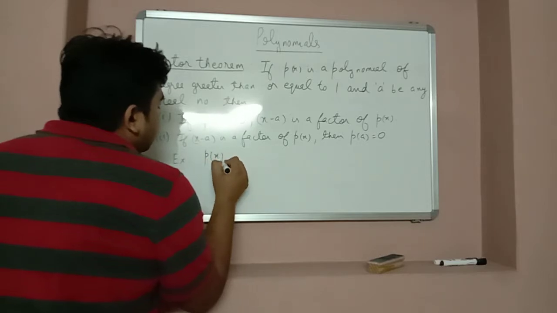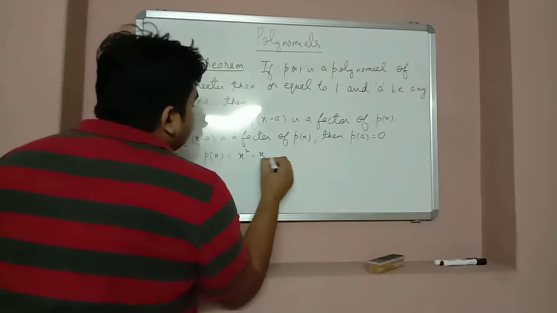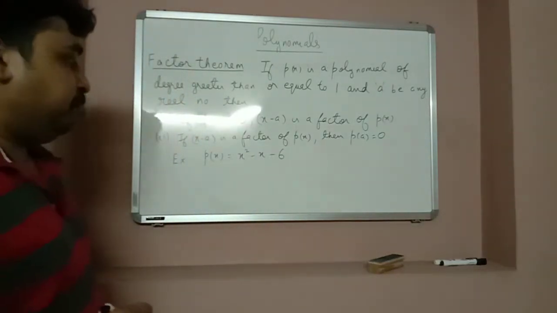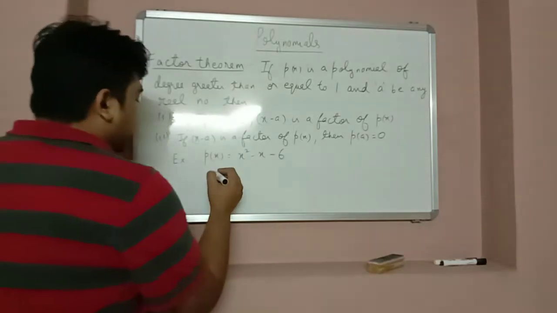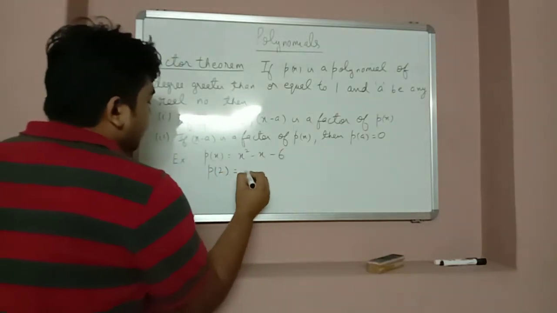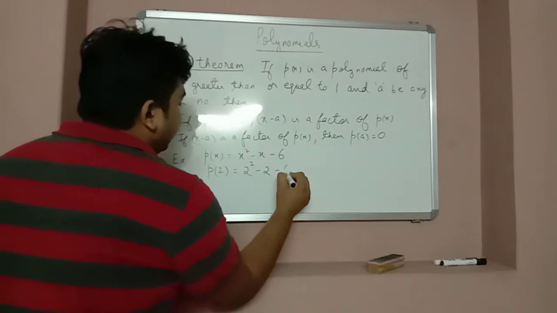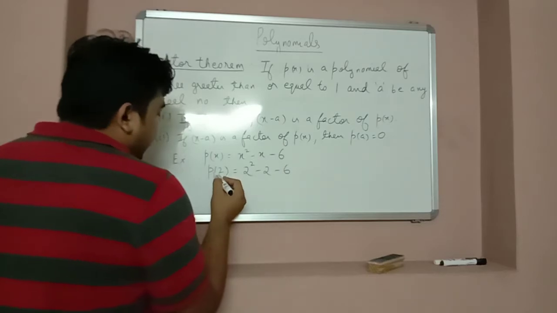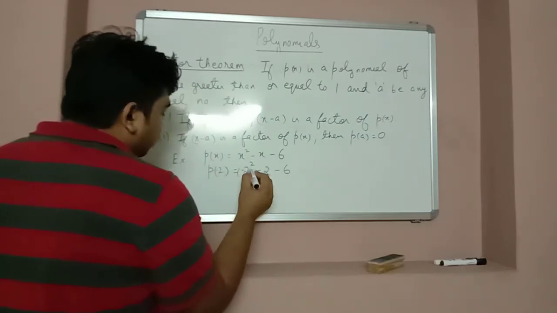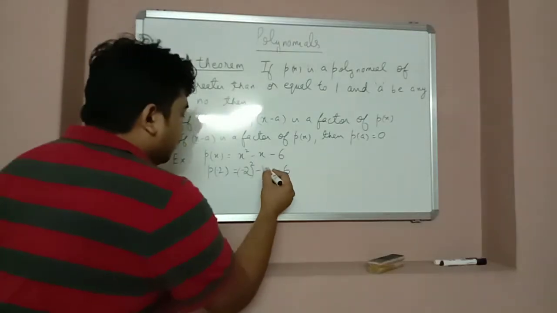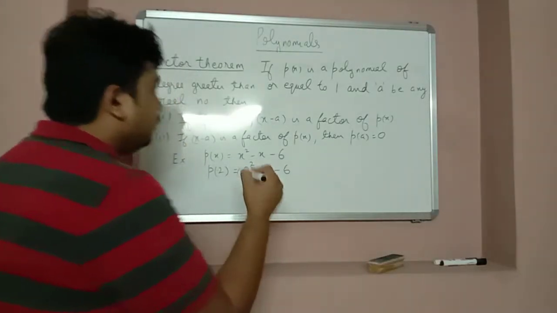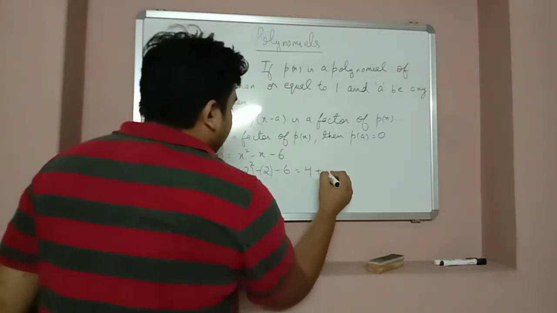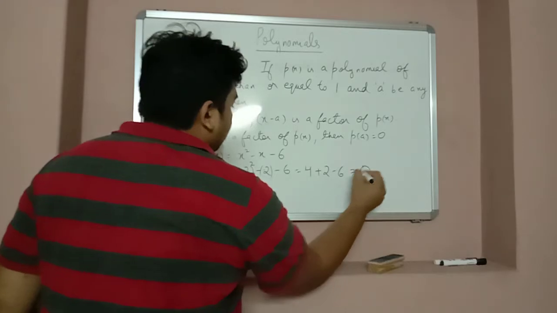Suppose p of x is equal to x square minus x minus 6. Now here if I put p of 2, p of 2 is 2 square minus 2 minus 6. Sorry, let us take p of minus 2. Now p of minus 2 will be equal to 4 plus 2 minus 6, which comes out to be 0.